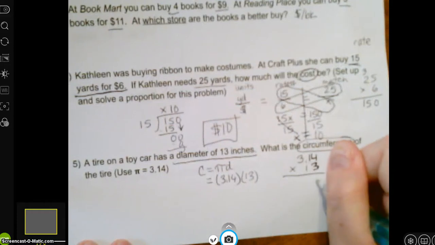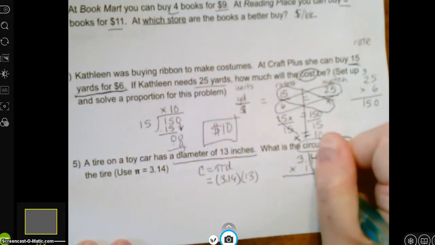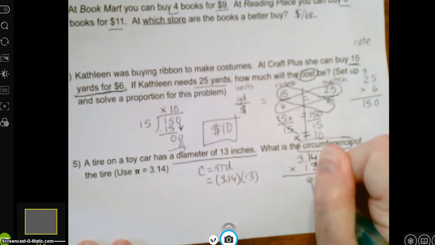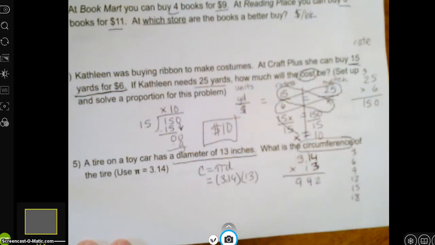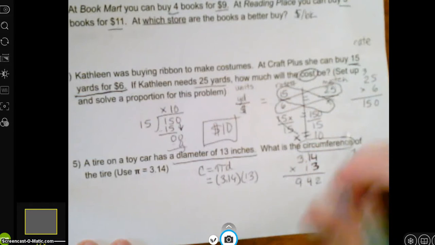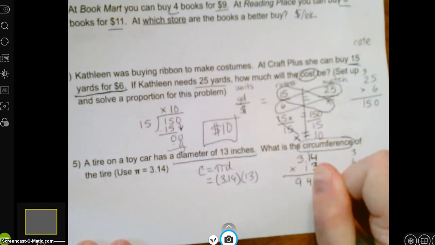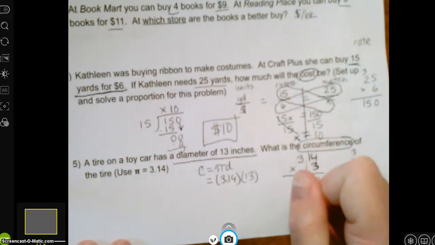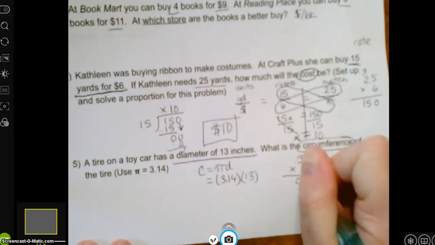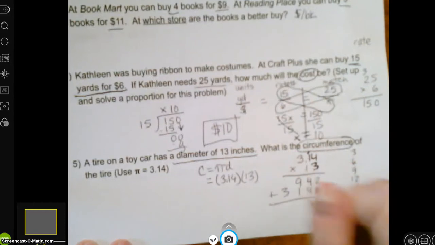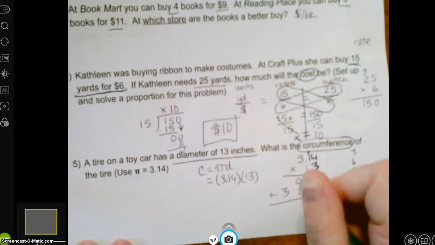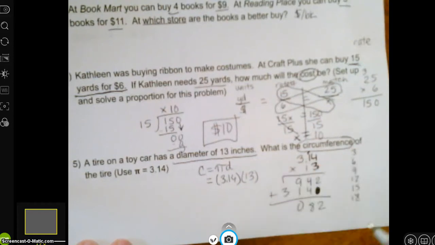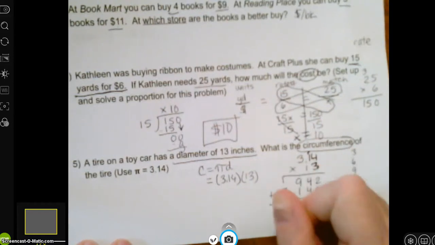So 3 times 4, 12. Carry the 1. 3 times 1, 3 plus 1 is 4. 3 times 3 is 9. Now, did you do the second row? If you didn't, make sure you hold your spot. 1 times 4. 1 times 1. 1 times 3. 2, 8, 10, 4.